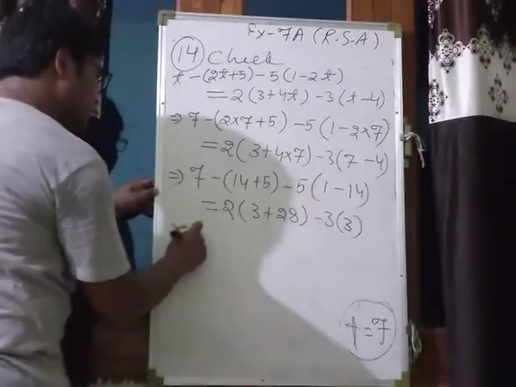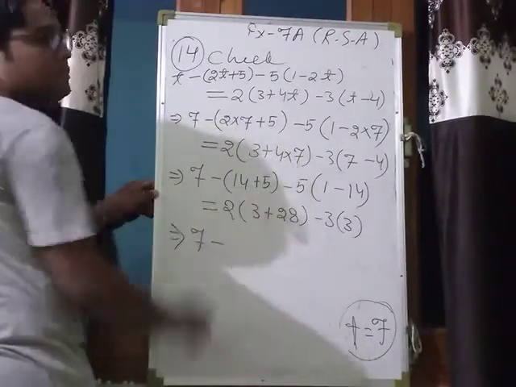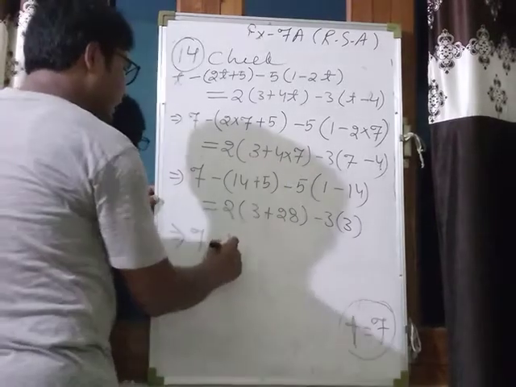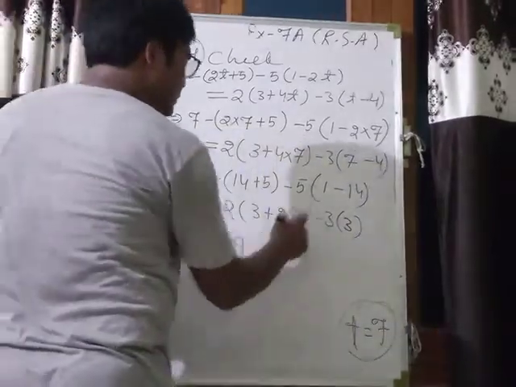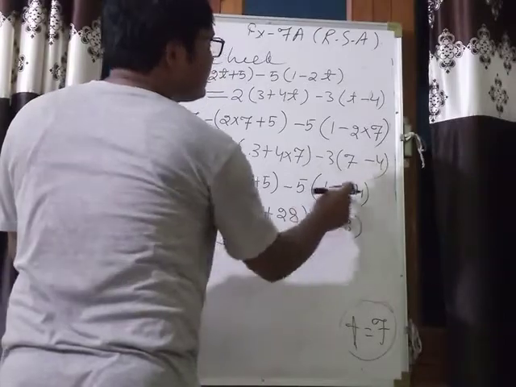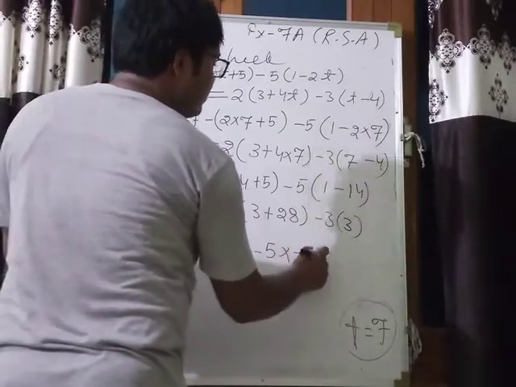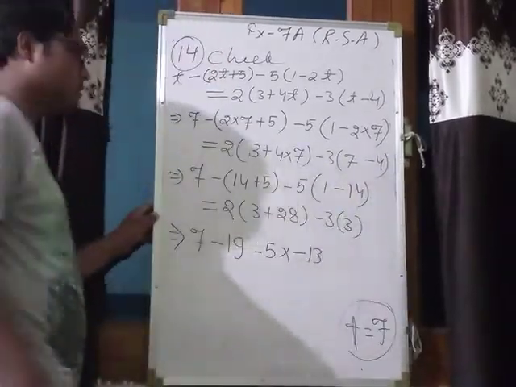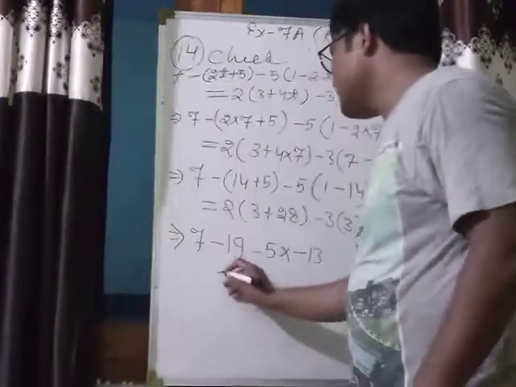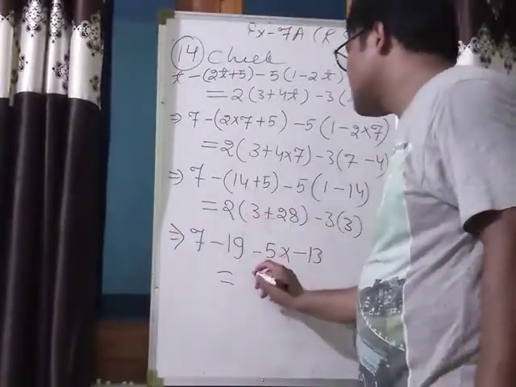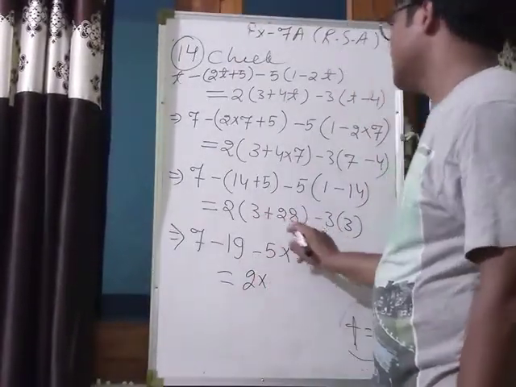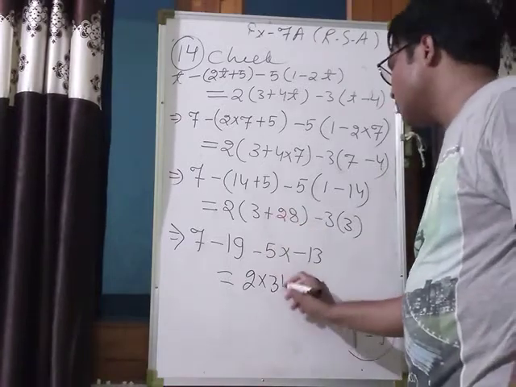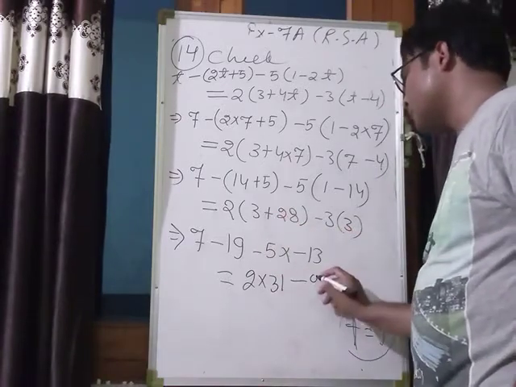See, that is 7 minus 14 plus 5, 19, minus 5 into this is minus 13, 1 minus 14, that is minus 13, and our right side, that is 2 into 28 plus 3, 31, minus 3 into 3, 9.